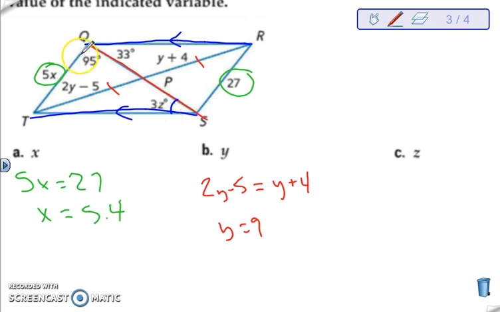But I know that there's a 33-degree angle up here and a 95-degree angle down here. So if we remember with parallel lines and transversals, the alternate interior angles are congruent. So that's going to tell me that 3z should be equal to 33. So z must be 11.